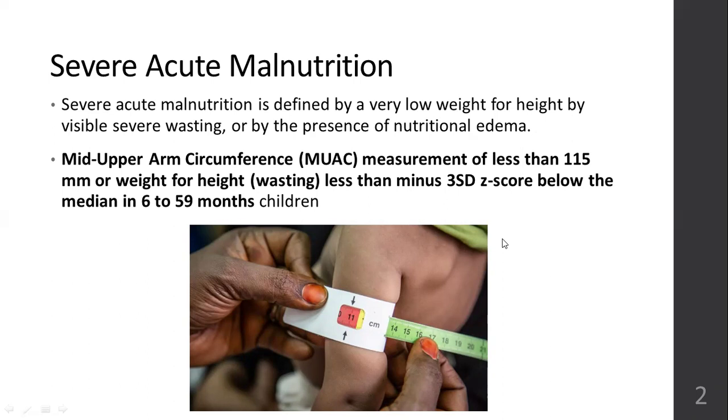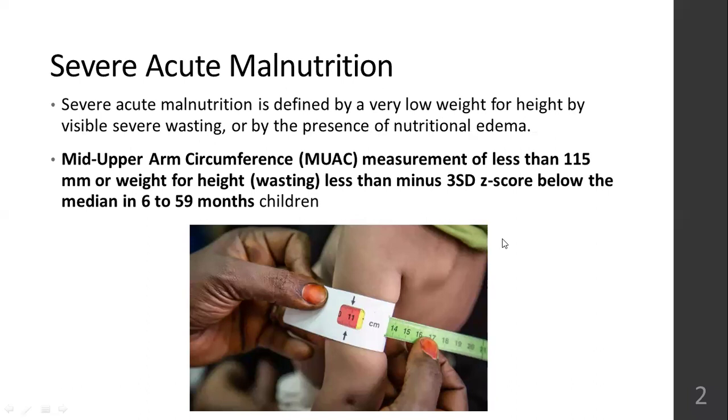Standard deviation score means plus or minus, especially if it is going into minus. 11, 10.5, 9.5, these are situations of severe wasting. So you have to calculate the standard deviation, up to 3 standard deviations.